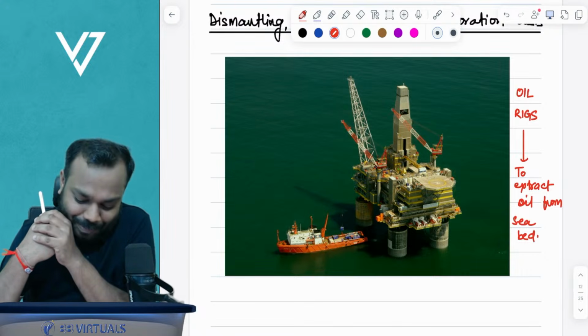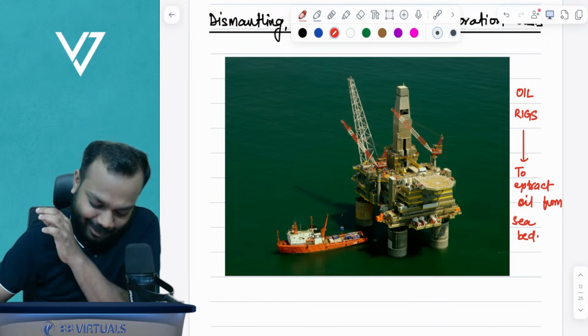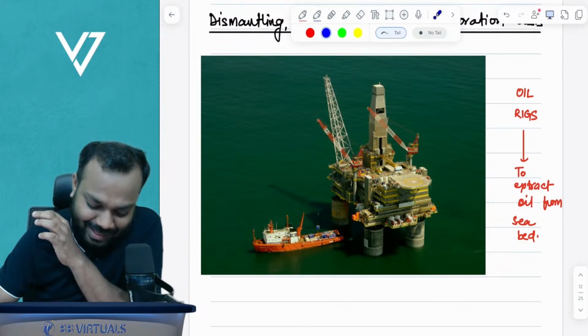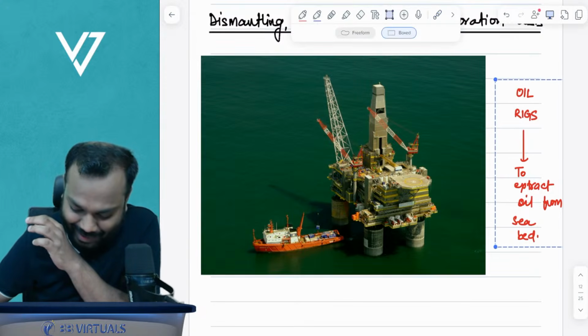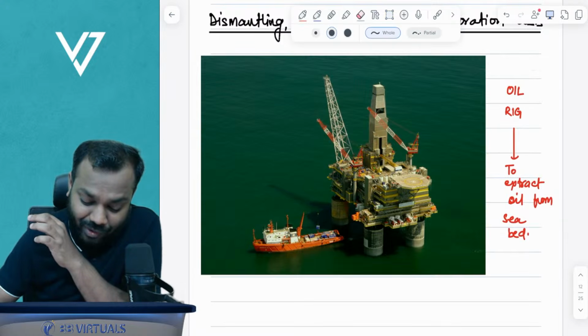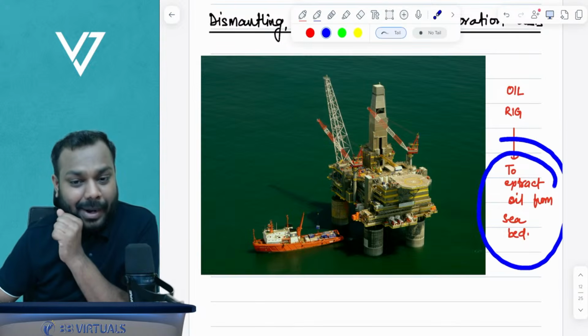That's why Iran is standing so strong today. And this is the machine, the oil rig. This oil rig is the machine which extracts the oil from the sea bed.